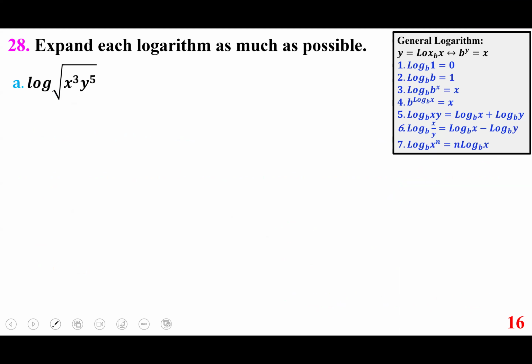All right. What happens here? Understand this means to the power of 1/2 when you have a square root. So log of x cubed y to the power of 5, to the power of 1/2. And using number 7, the power rule, put the 1/2 in front.